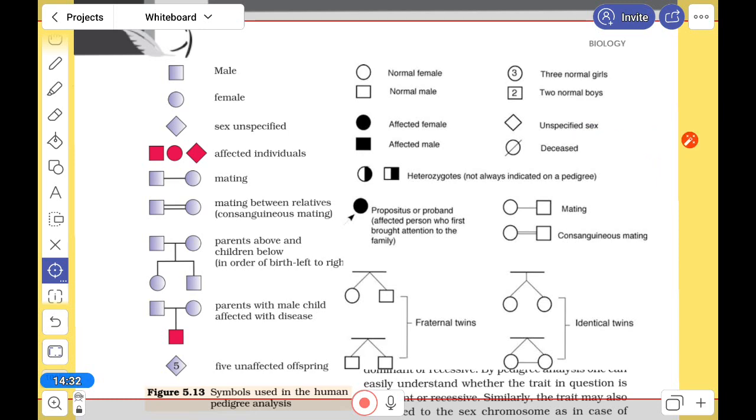Just know that this arrow and the affected one is the propositus. It means the member of the family having color blindness or any disease that is first detected by the geneticist, and shown as the first member. Okay.